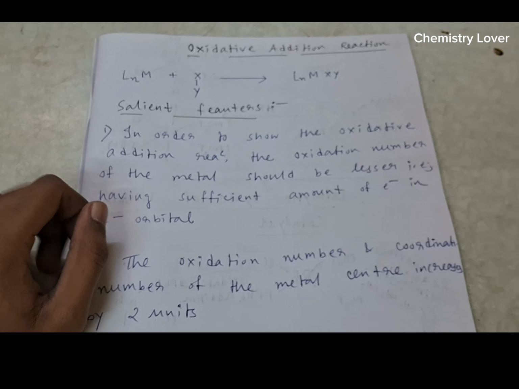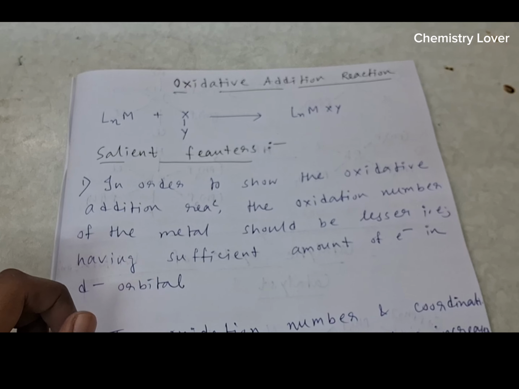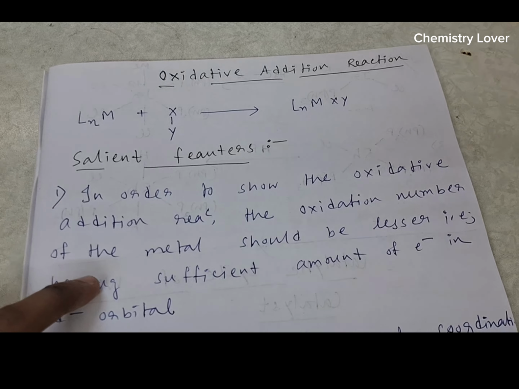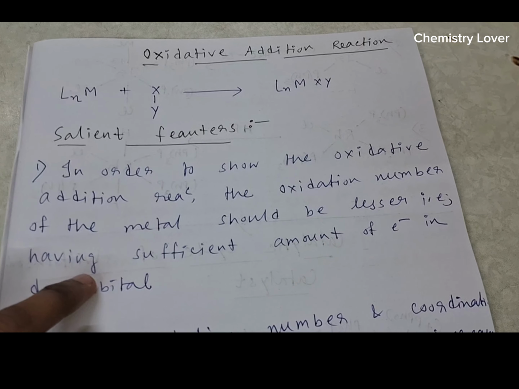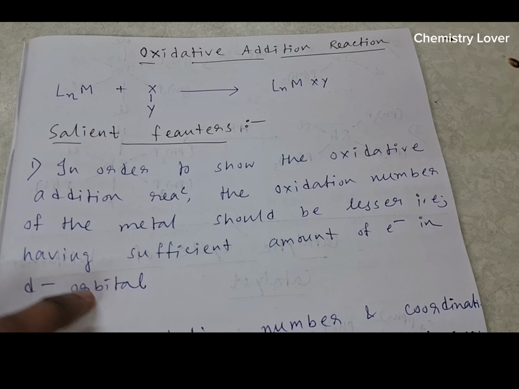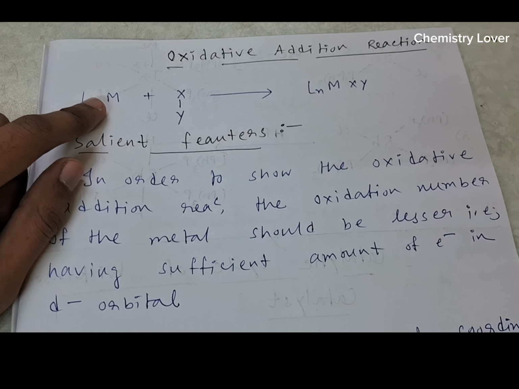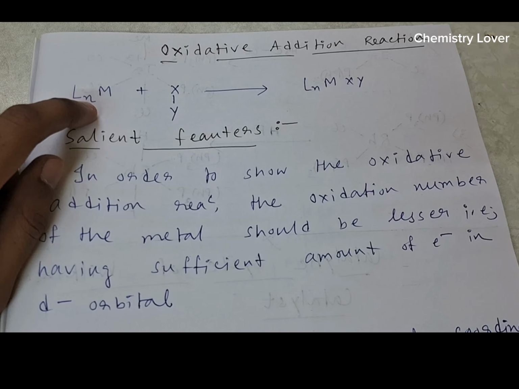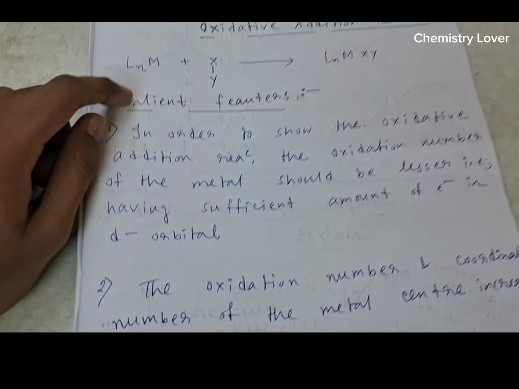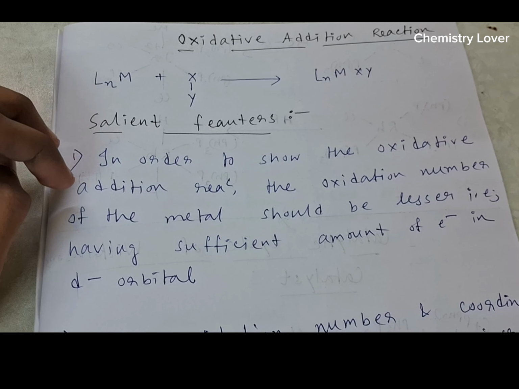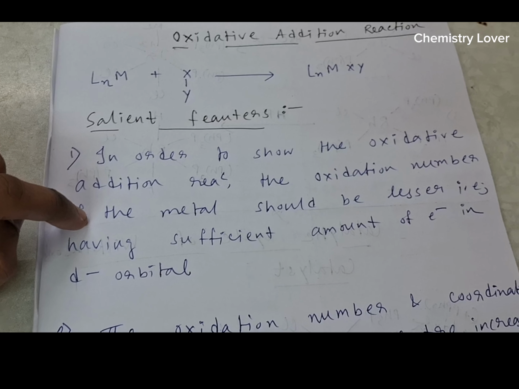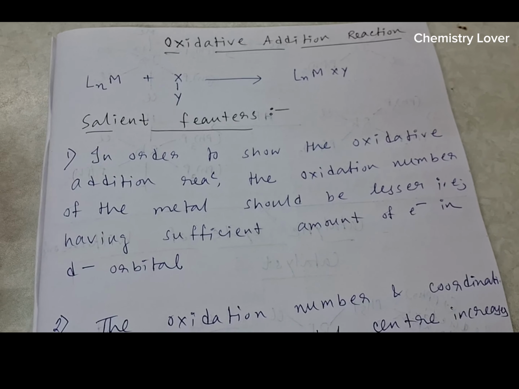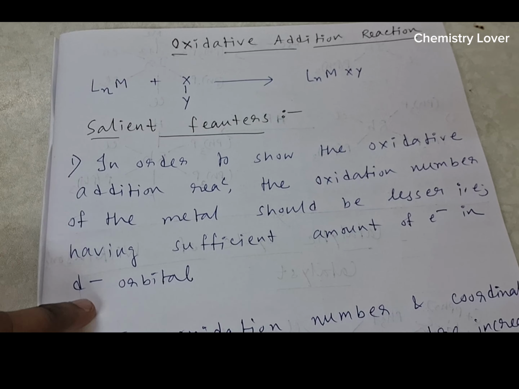Now salient features, here are some important features about this reaction. First, in order to show this oxidative addition reaction, the oxidation number of the metal should be lesser, because here the metal center gets oxidized as well as the coordination number surrounding the metal center also increases by 2 units. So in this case the metal needs to be oxidized, and for this reason the metal should have higher electron density, basically in d orbital, right?